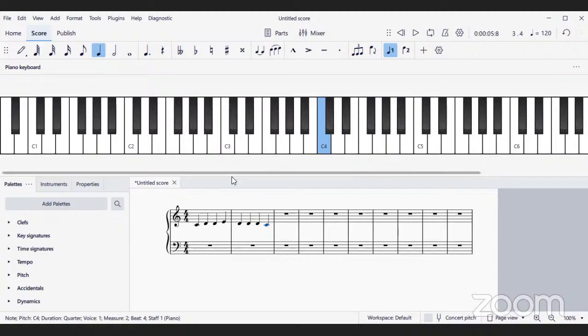One more time. 1, 2, 3, go. C, D, E, E, D, D, D, C, just an issue of steps and skips. That's what sight playing is all about.